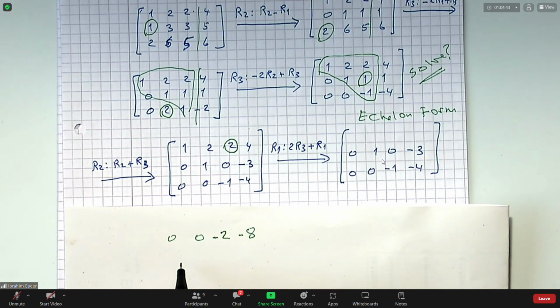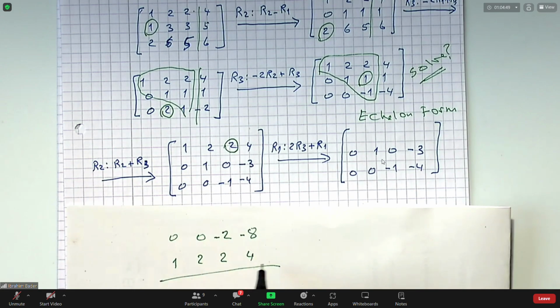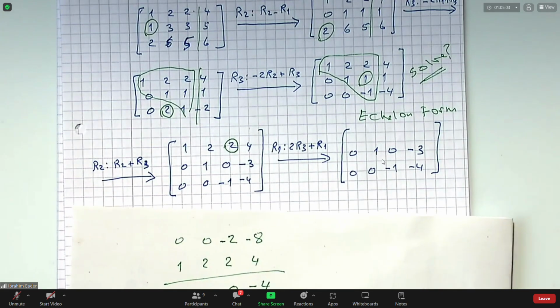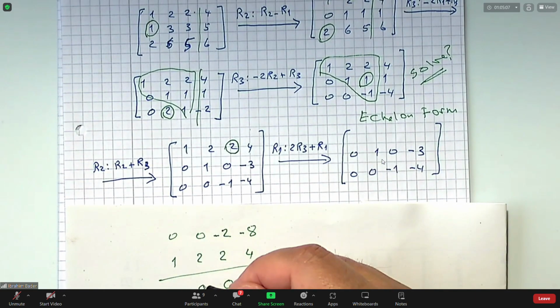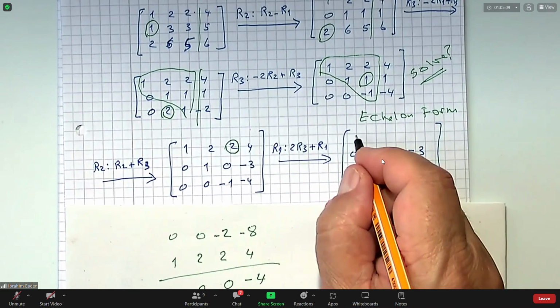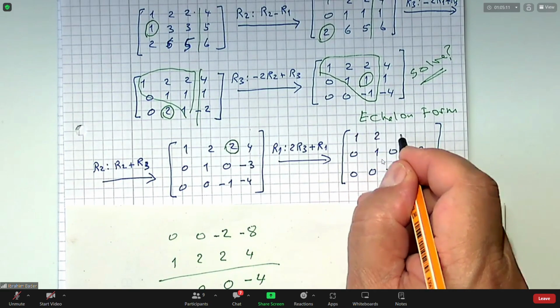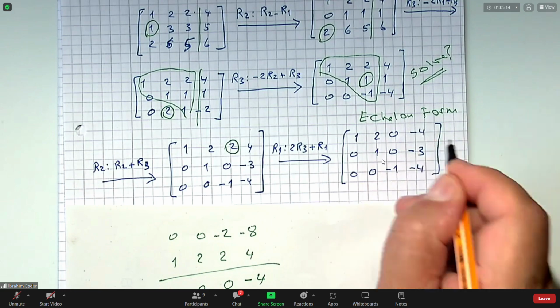And we add to this the first row, 1, 2, 2, and 4. So here you get 1, 2, 0, and negative 4. Double check. 0, 2. Okay. 1, 2, 0, negative 4.